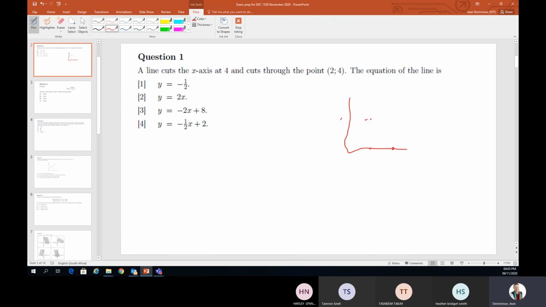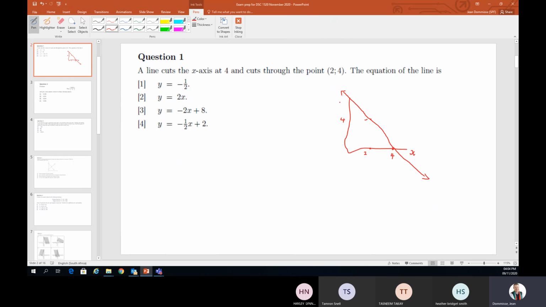So if that is 4, that is 2, that was 4. If you connect those two, that is somehow how the line will look like.